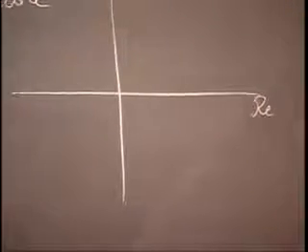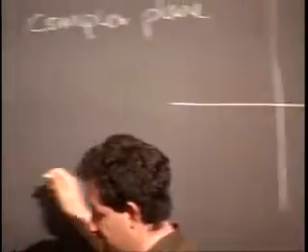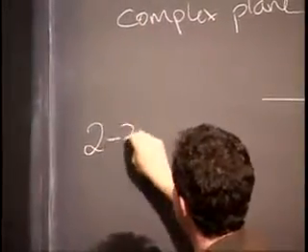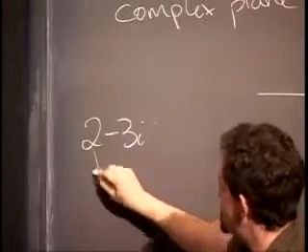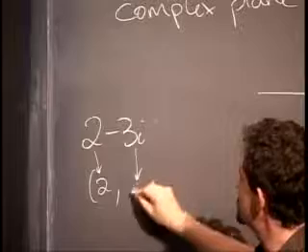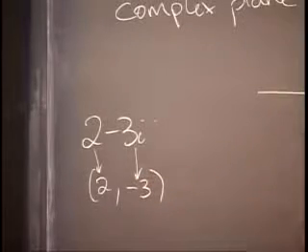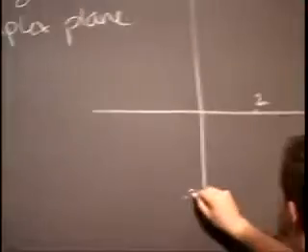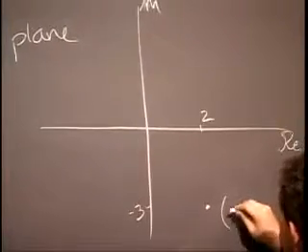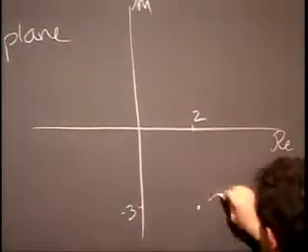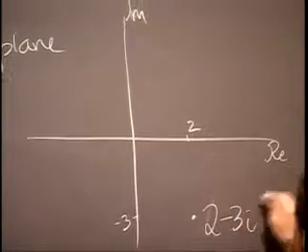In any case, the point is you can plot various points, such as the complex number 2 minus 3i. Well, where do you plot that? First of all, you take the real part, 2, and you take the imaginary part, minus 3. And you plot the point 2, comma, minus 3, but this is not 2, comma, minus 3, but rather the complex number 2 minus 3i.